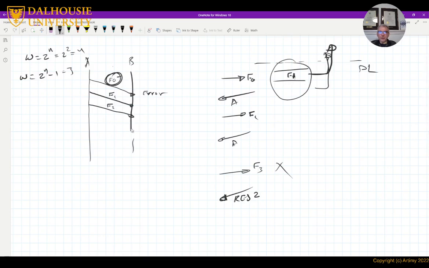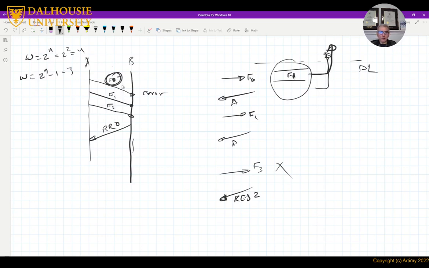If an error occurs, B will send RR0, asking for frame 0 again. Now A knows that there is no confusion. B is meant to ask for this one again, right?